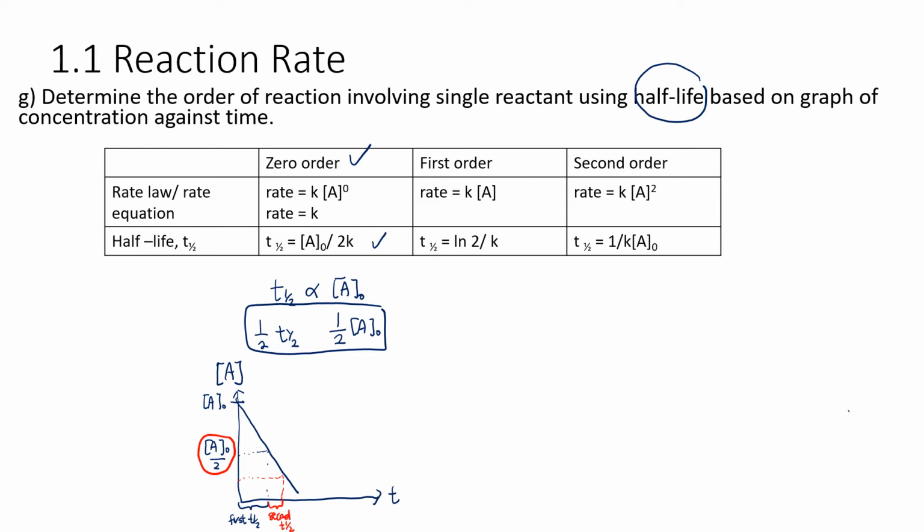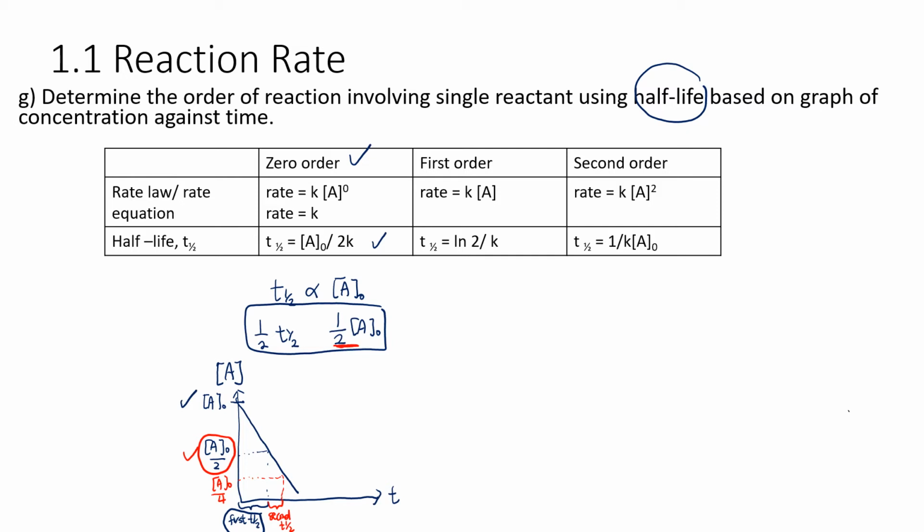Can you see that? For the first half-life, this is the initial concentration and this is the half-life value. For the second half-life, this is the initial concentration, which is half.